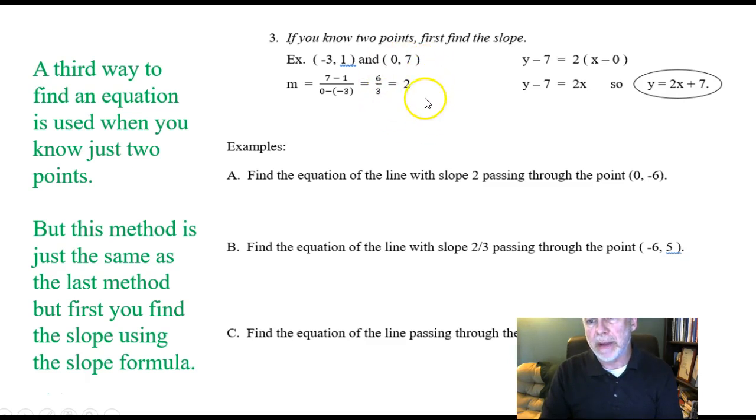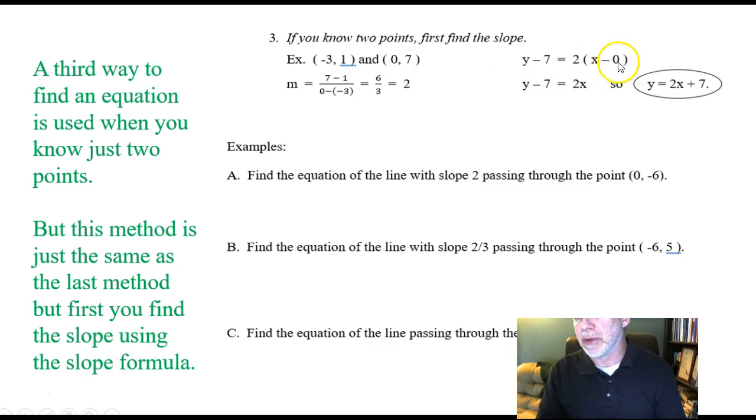So the slope came out to 2. And then I plugged that slope in here into the point-slope form. And I chose to use 0, 7 as my x1, y1. It doesn't matter which one you use as your x1, y1. So it's y minus the y1, which is 7, equals 2 times parentheses x minus 0, which is your x1.